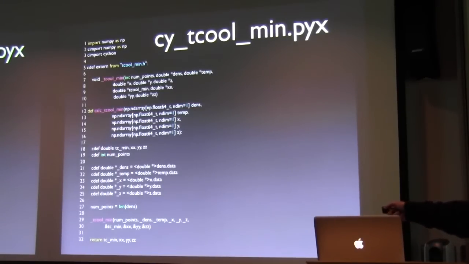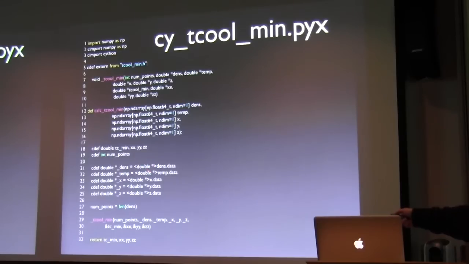So then I'm just defining a few other variables. Again, these are defined as C types, the minimum cooling time, and then the eventual positions that are going to be the location of the minimum cooling time and the number of points in the array that's being passed.